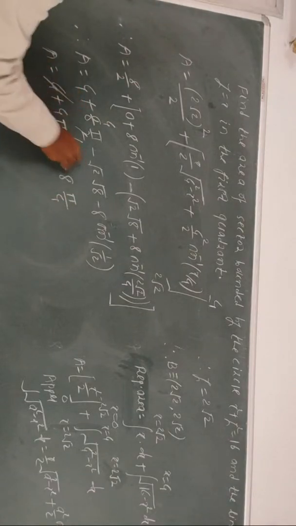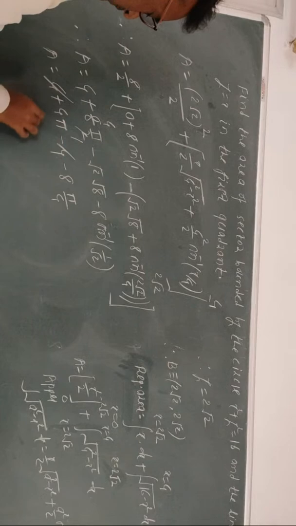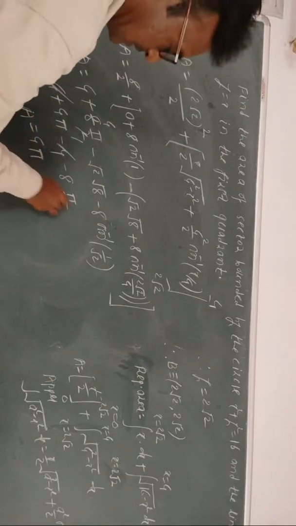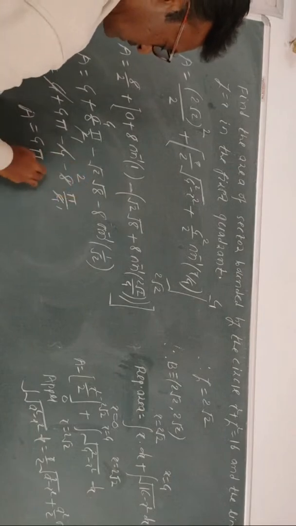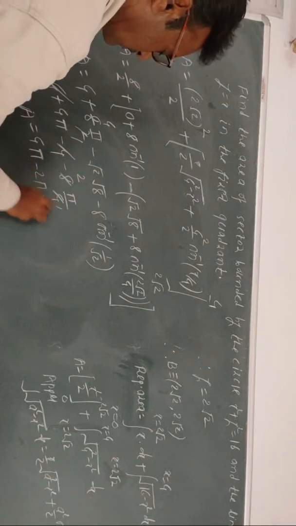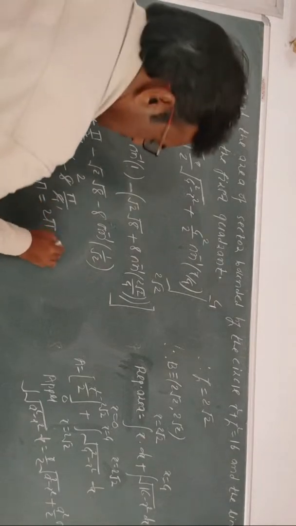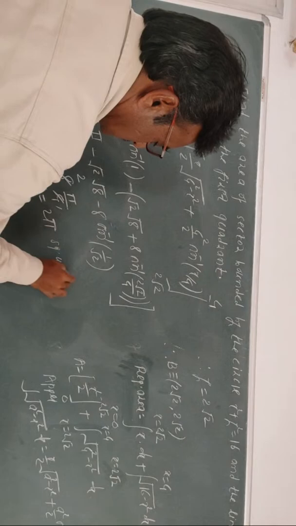Then this 4 gets cancelled, therefore A is equal to 4 pi as it is, 4 1s are 1, 4 2s are 8, so write minus 2 pi, which is equal to 2 pi square units.